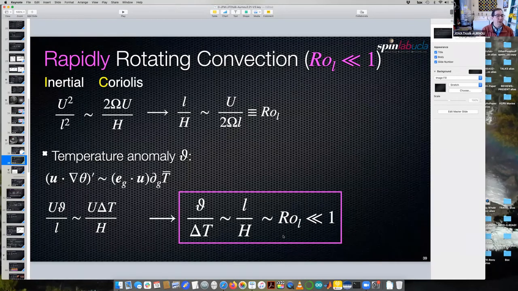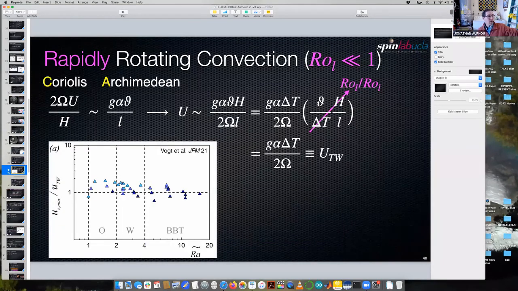They're very small in this system, but when we look at the thermal wind balance, it's G alpha theta, what you just said, the anomaly. But then we have a geometrical term as well. We have H over L, because the background stretching is on the large scale. It's not necessarily on H, but on some larger scale.